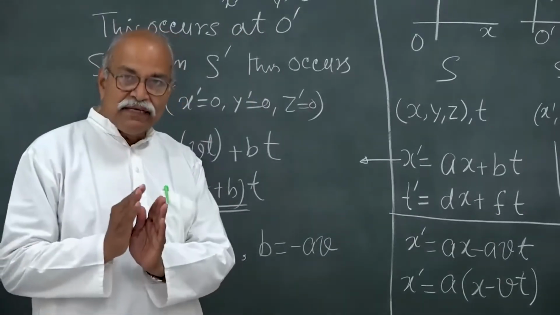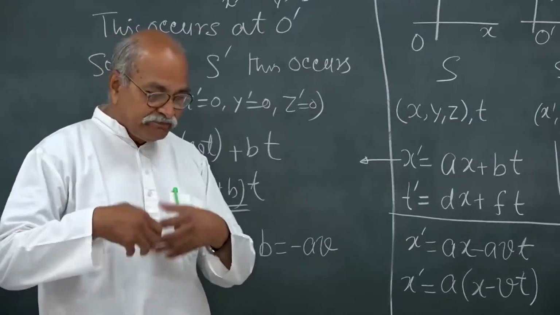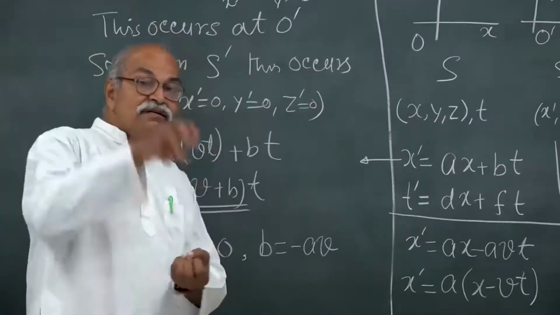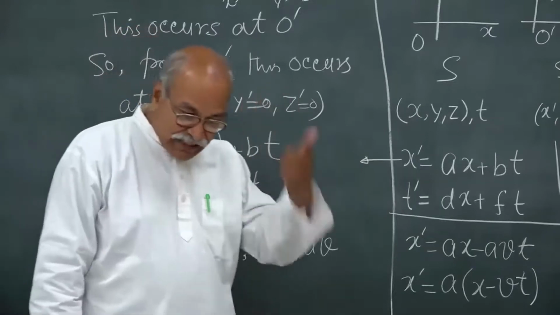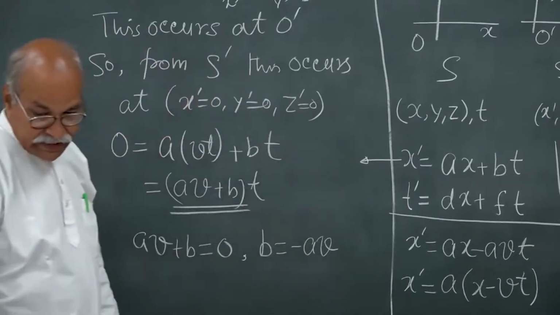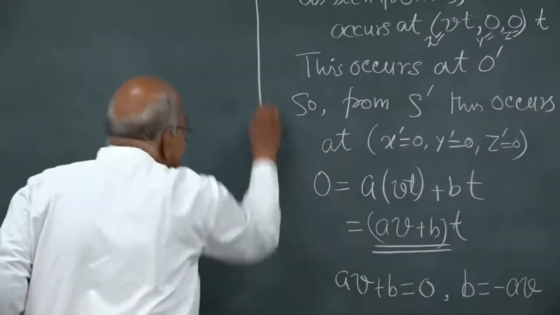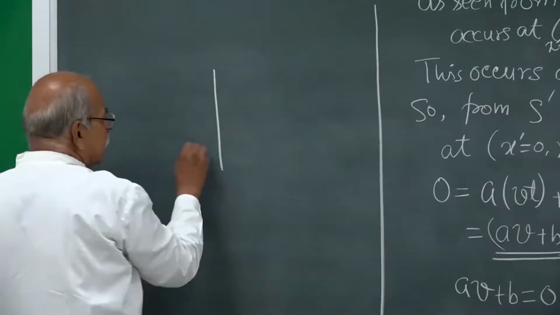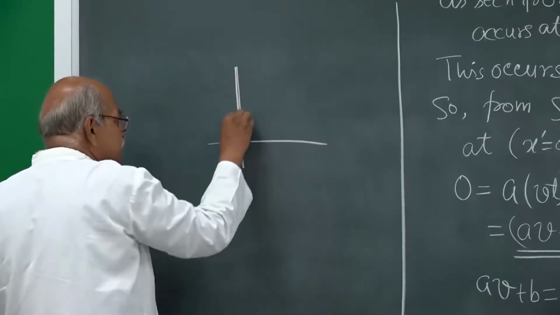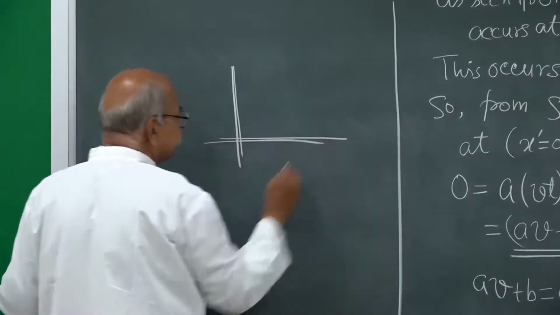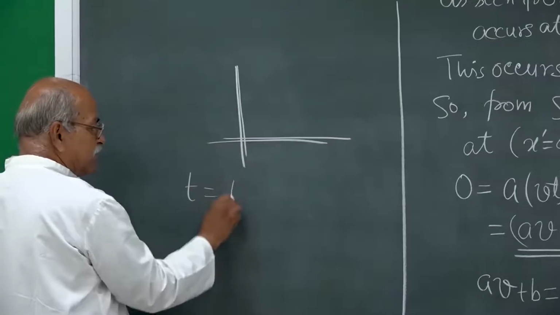We will take one event, and that will result in 3 events. And what is that event? Let me tell. That event is that when the origins were crossing each other, that is t equal to 0, t prime equal to 0.